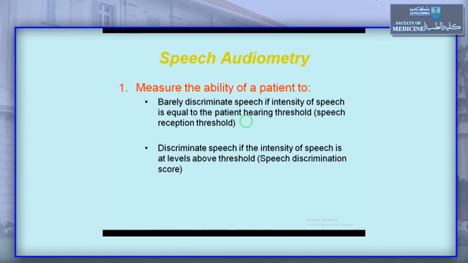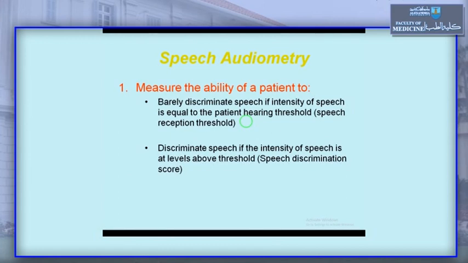Put the patient instructions one more time in order to verify that the thresholds are accurate. The second test in the speech audiometry is to test for speech discrimination score. We ask the patient to repeat after me. I say 25 words, and the patient should repeat those 25 words.